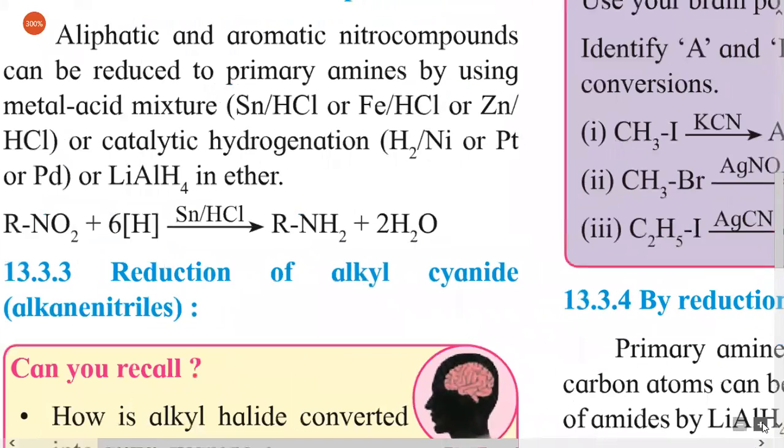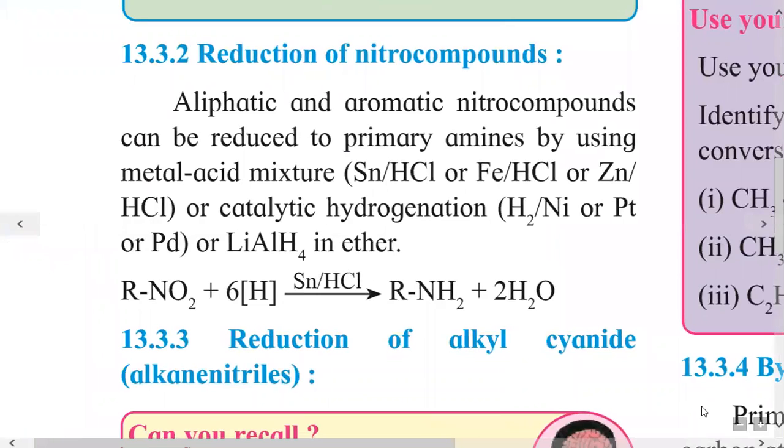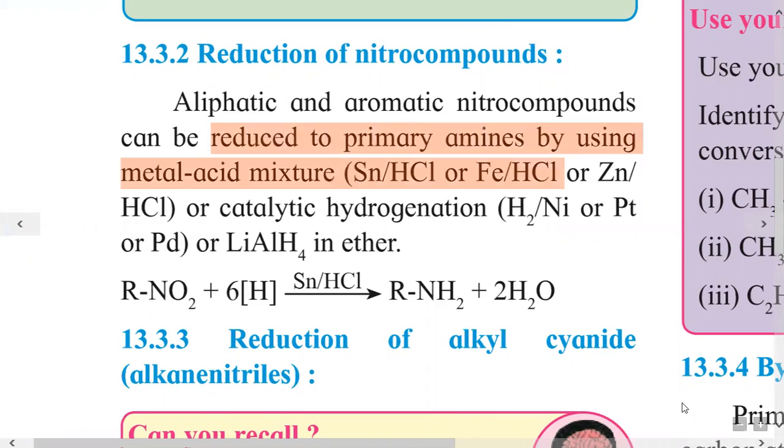Nitro compounds means NO2 group containing compounds. So here these aliphatic and aromatic nitro compounds can be reduced to primary amine by using a metal acid mixture, that is, maybe tin and HCl, or iron and HCl, or zinc and HCl.